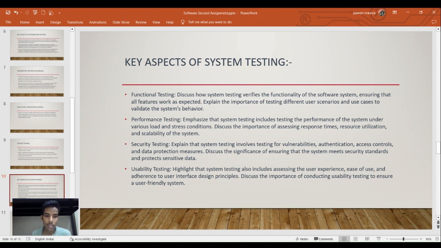Usability testing: highlight that system testing also includes assessing the user experience, ease of use, and adherence to user interface design principles. Discuss the importance of conducting usability testing to ensure a user-friendly system.